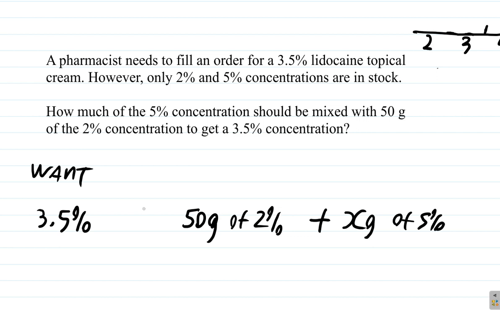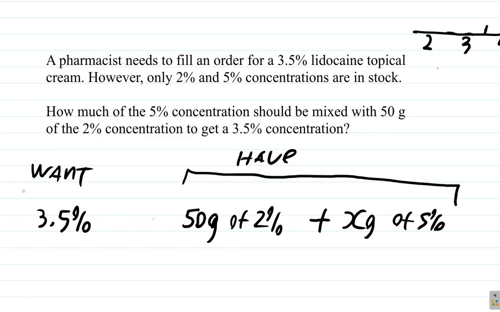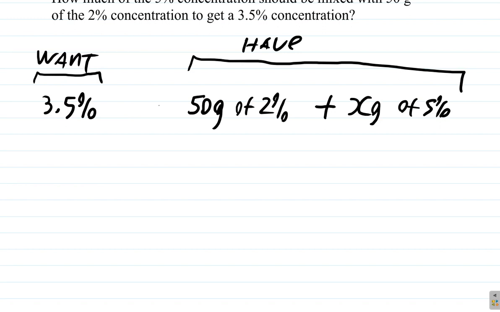Now, here, this is what we have available in stock. This is what we want. Now remember, when we do the mixture, the amount of 3.5% concentration we will get is going to be 50 grams of the 2% plus X grams of the 5%.